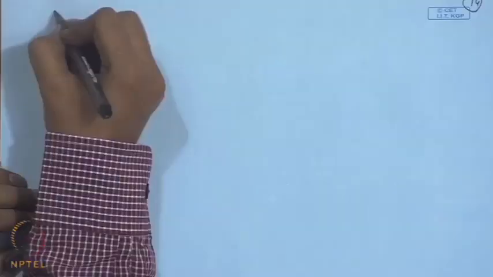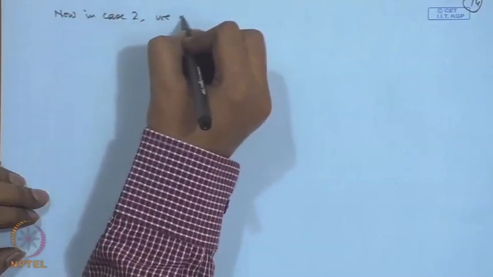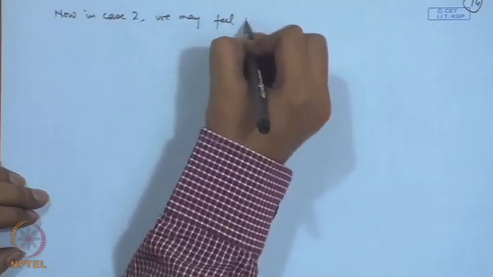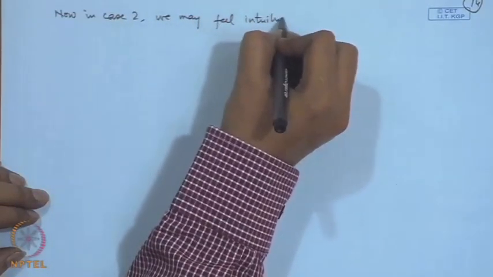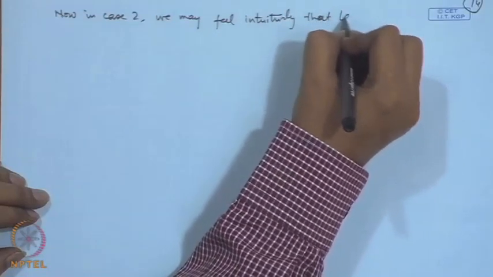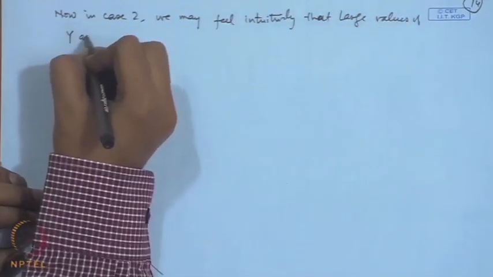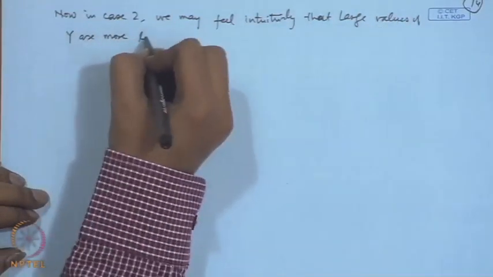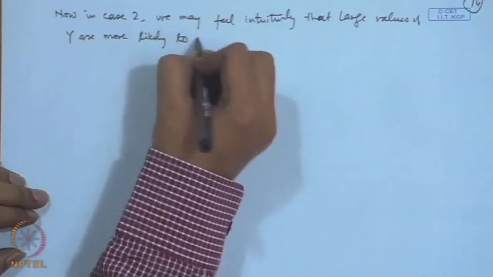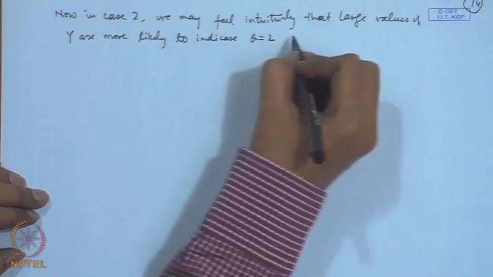We may also consider it in a slightly different fashion. Let me just explain it here. In case 2, we may feel intuitively that large values of Y are more likely to indicate theta equal to 2.